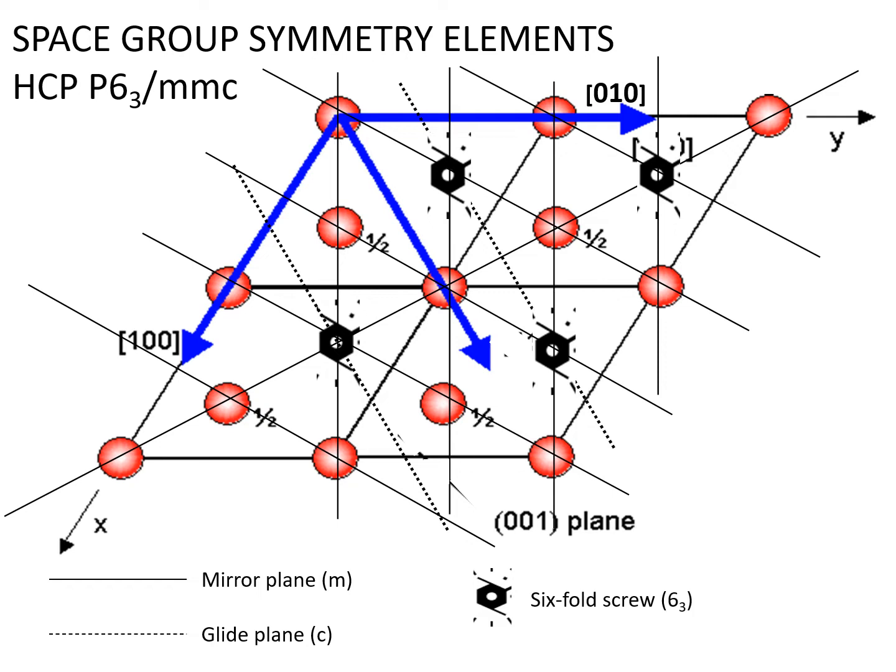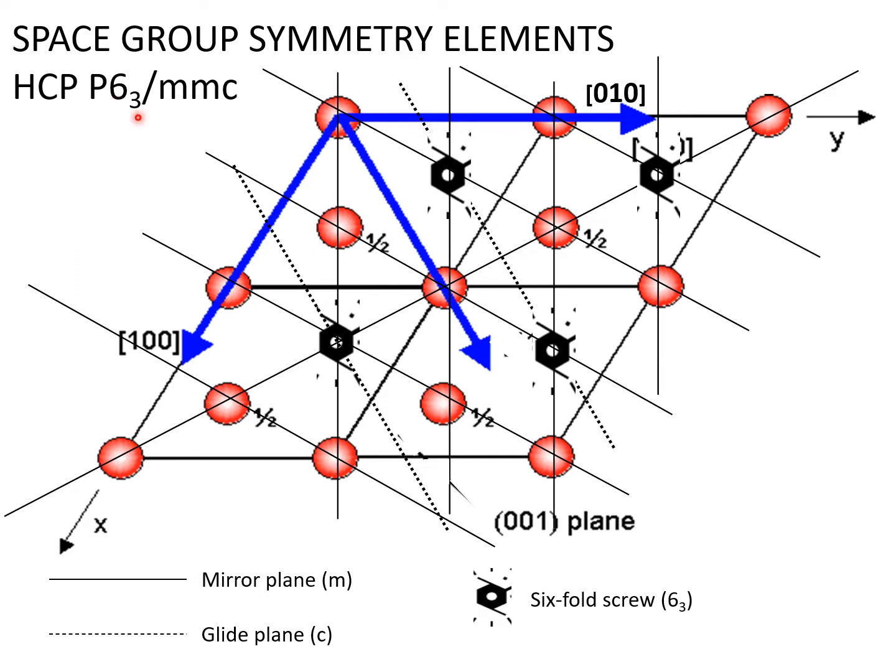So you can see how the arrangement of the atoms, and this is one unit cell here, can be described with this collection of symmetry elements. The first thing to note, the most obvious one and the easiest one to visualize, is the 6-3 part.